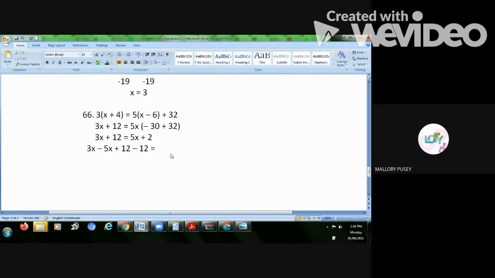When I worked it out before, I did not simplify the negative 30 plus the 32.